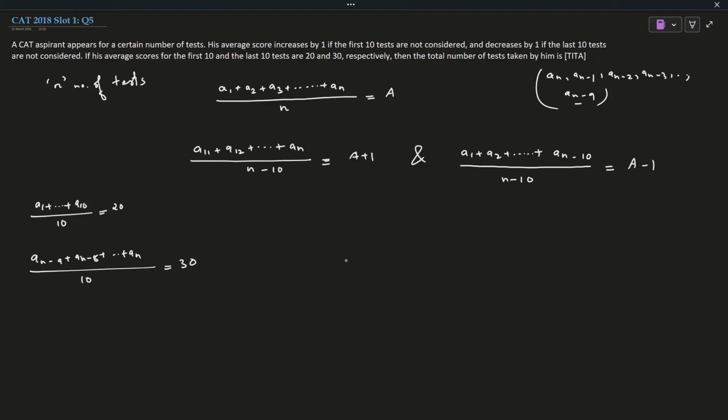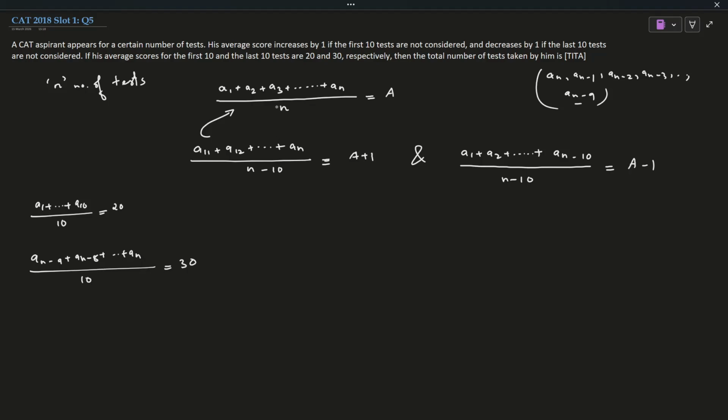Find the total number of tests taken by him. Alright, can I substitute some values so that I can calculate n? So if I use this here, okay guys, use this here.